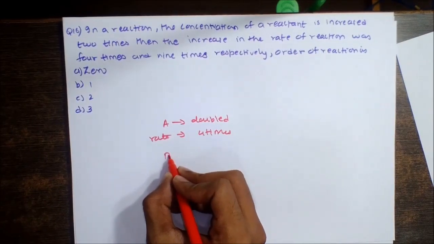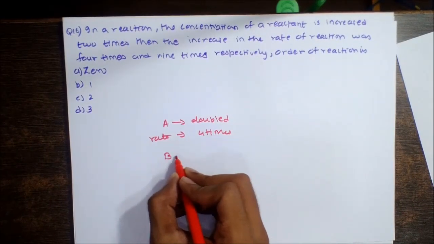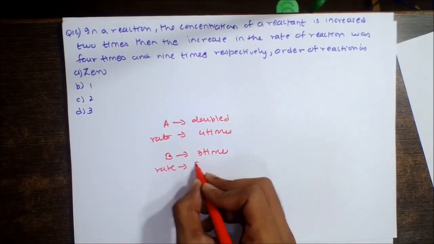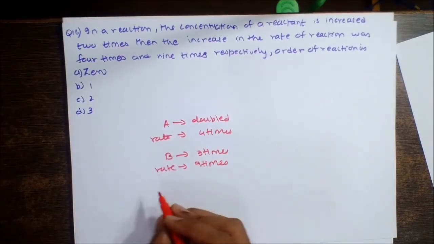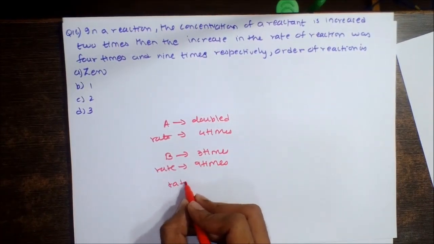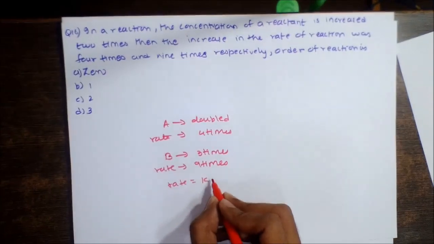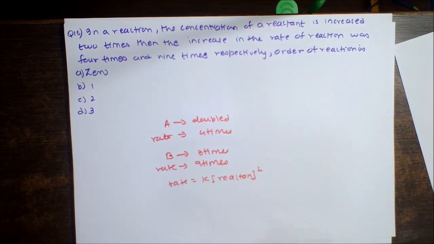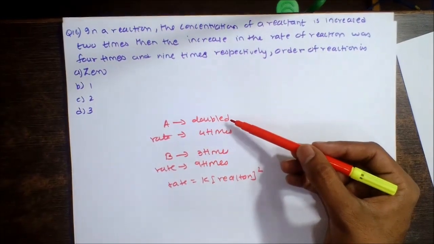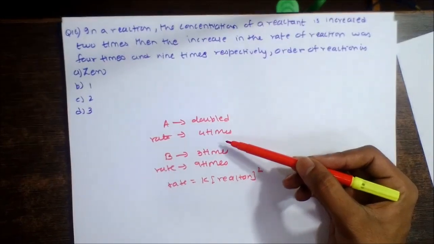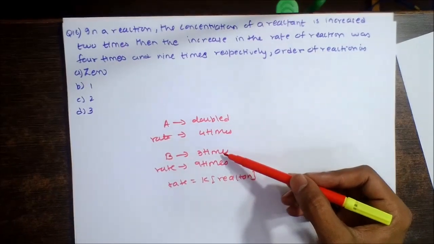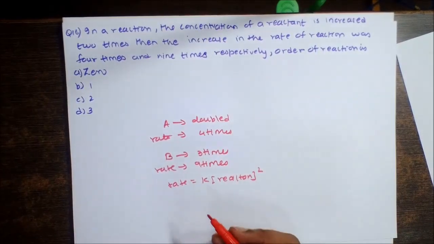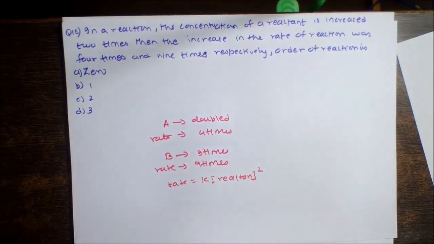When the concentration of a reactant is made 3 times, the rate becomes 9 times. So we can obtain a relationship as rate equals K into the reactant raised to 2, as when A is doubled, the rate is squared, and when A is tripled, again the rate is squared. Therefore this would be a second order reaction.